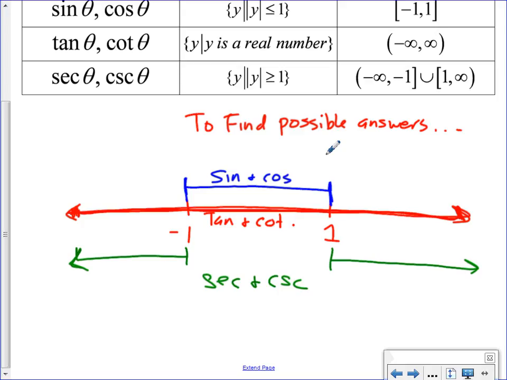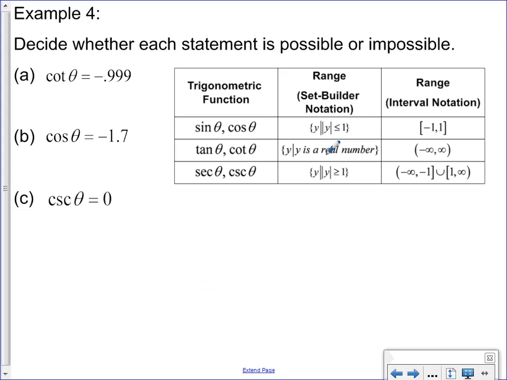But again, we're doing little things to build up to bigger questions. So for example, if I told you that the answer to cotangent was negative 0.999, is that a possible answer? Because tangent and cotangent can be anything. So this is possible.